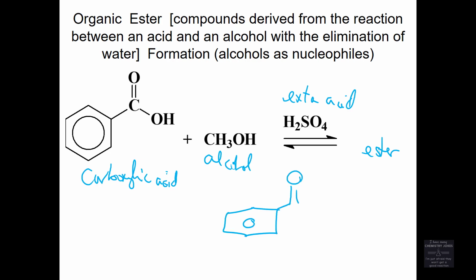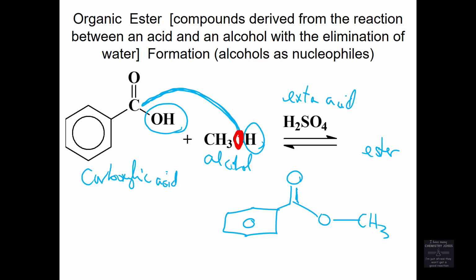The way it always works is you lose the OH from the carboxylic acid and the H from the alcohol, and you connect the O to the C, like so. I'm going to lose the H from the alcohol, the OH from the carboxylic acid, and I connect the O to the C.